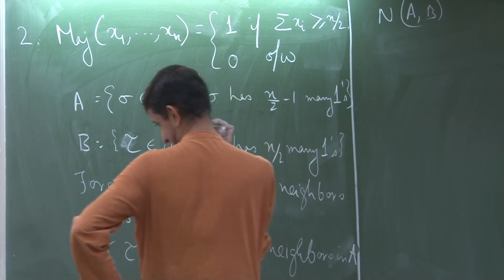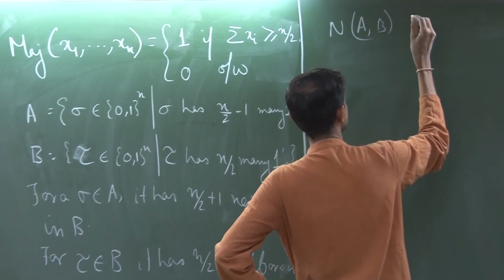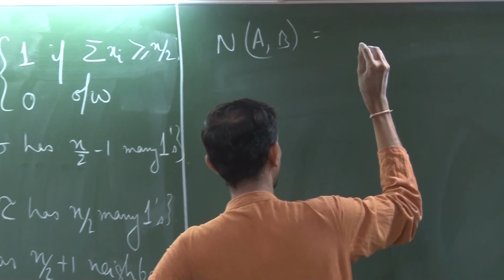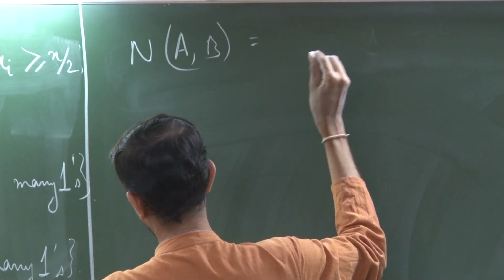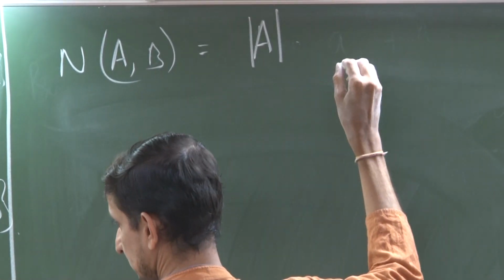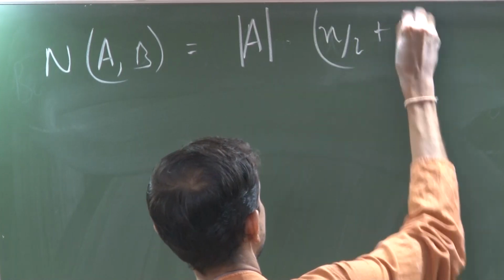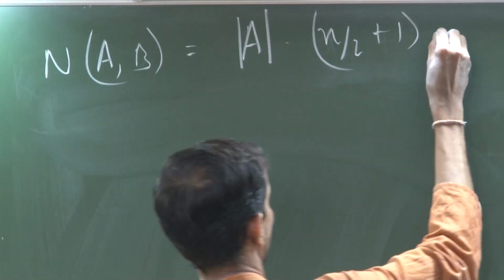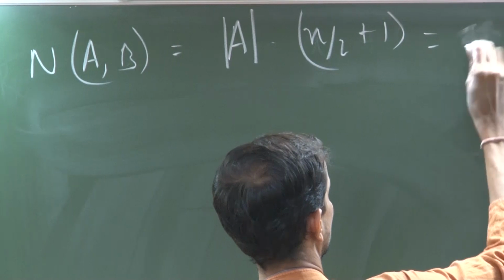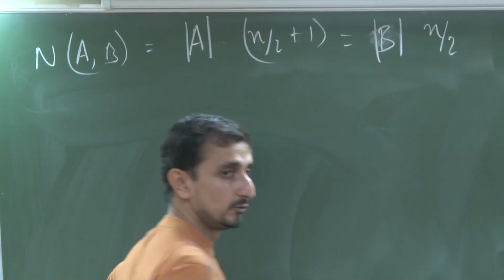NAB is equal to A times n by 2 plus 1, also it is equal to B times n by 2.